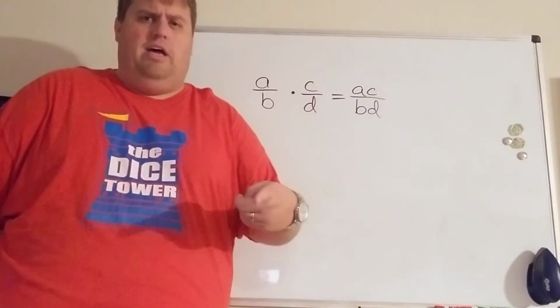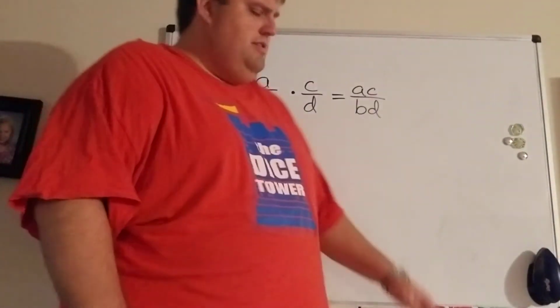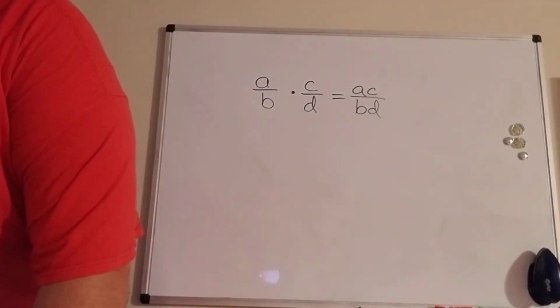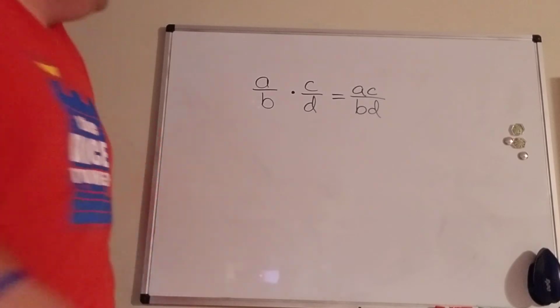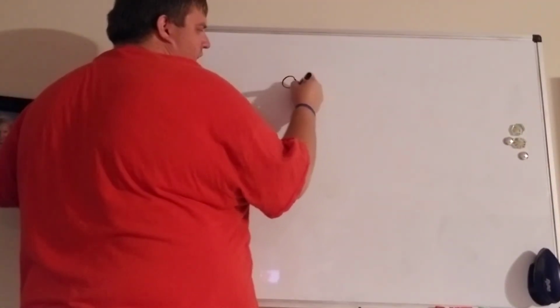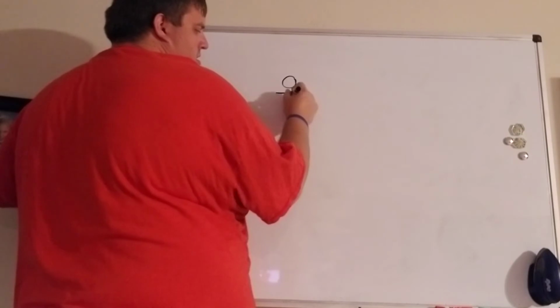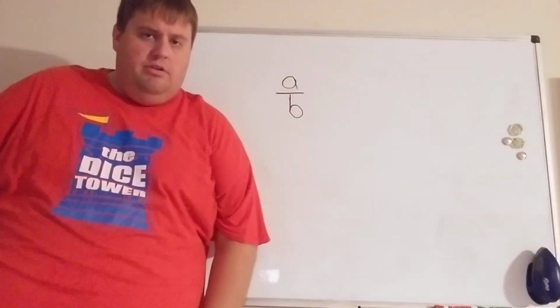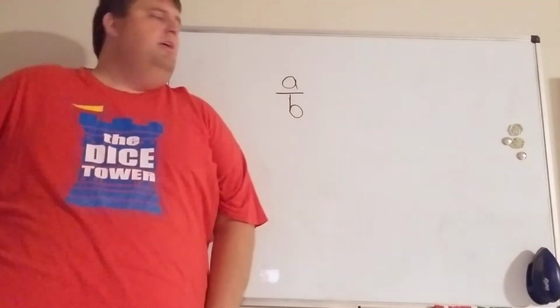Let's talk about addition first. Let me check your book here. They do sum first. Okay, so here's what this is going to look like. We're going to have a rational number. We're going to call that a over b. Again, we have the fraction. b cannot be 0, which is important to note.